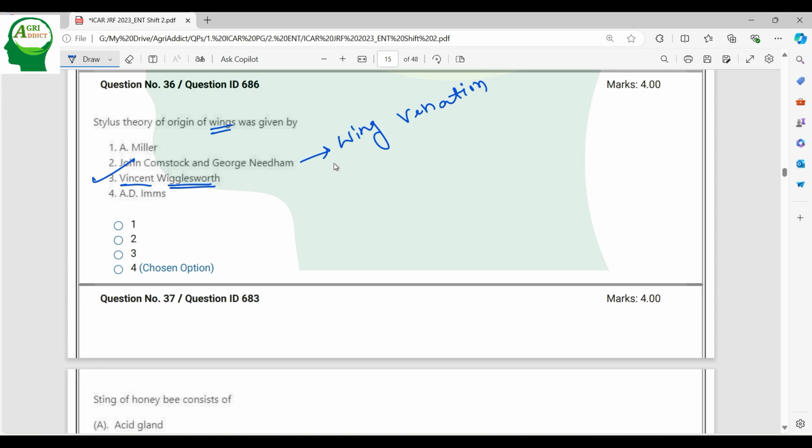So here it is Wigglesworth. What Needham and Comstock did was give the wing venation, like the veins radius, costa, subcosta, median, cubitus. This venation was given by Comstock and Needham.